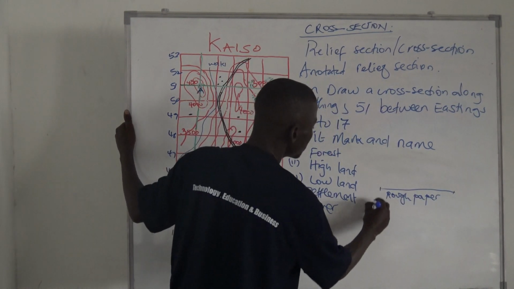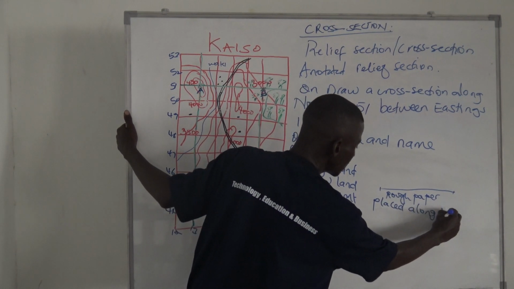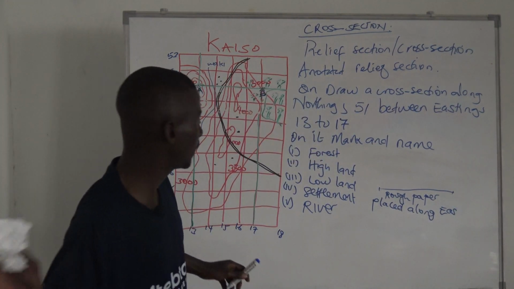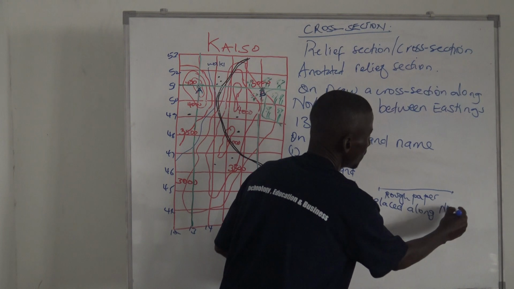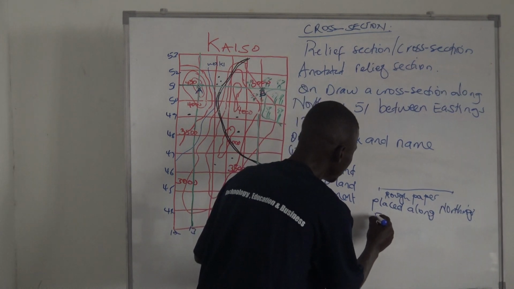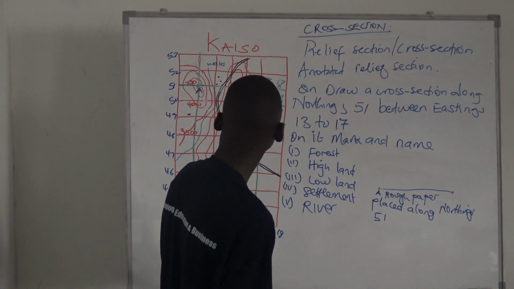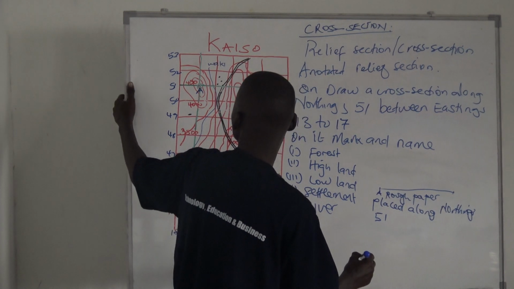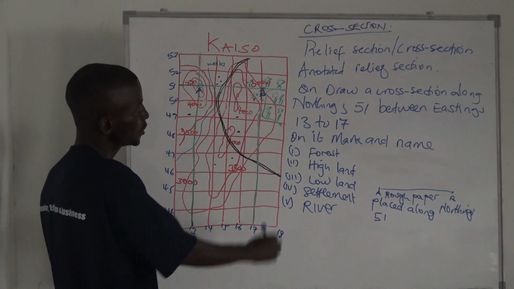It is placed along northings 51. Then this point we are calling A should be at that point where eastings 13 is meeting northings 51. Then the other one is point B. So that is your rough paper.